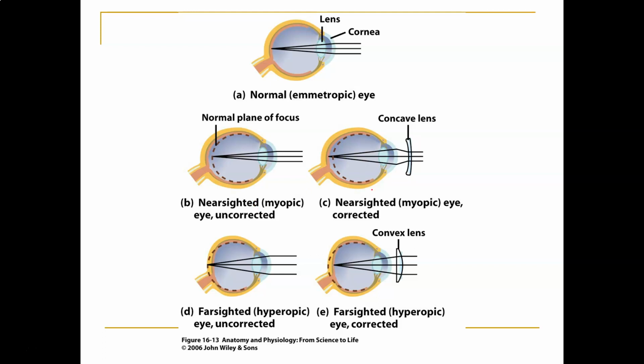You would need some kind of corrective lenses for that: glasses, contact lenses, surgery. Or you may focus the light rays too far, in which case it's called farsighted. In either case, you need some corrective lenses to help you converge on the fovea.